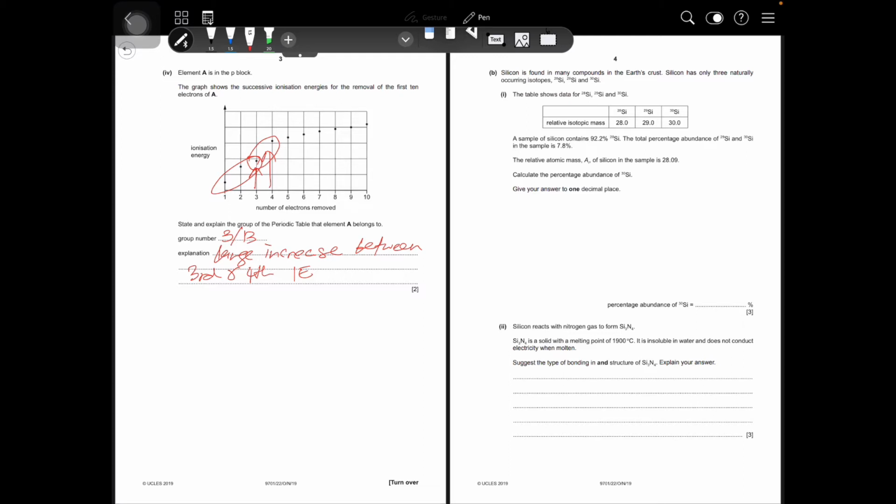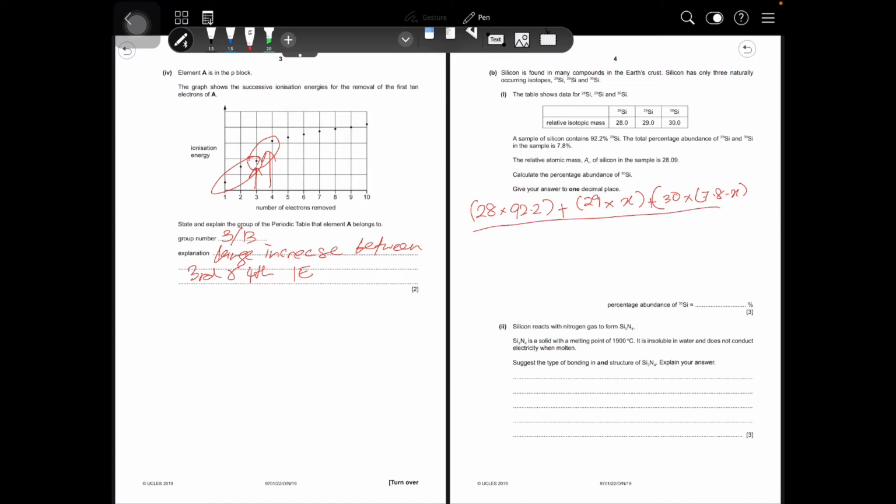In this case, you need to multiply each relative isotopic mass by its percentage. The first isotope is 28 and you have 92.2%, and then you add another isotope. So in this case you have 29 and you don't know the value, so you have x. Plus the last isotope, so you have 30 multiplied by 7.8, which is the total of the 29 and 30 isotopes, minus x, where x represents the relative abundance of isotope 29.